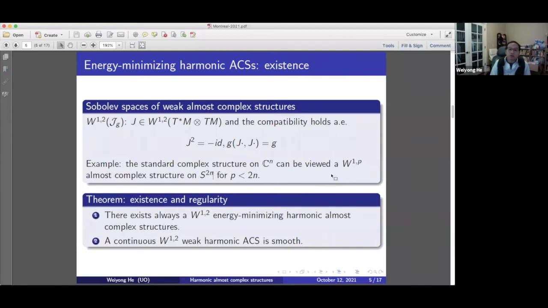For people who are familiar with the theory of harmonic maps, another reason is that smooth ones are not dense in this W^{1,2} setting. So that's a very hard problem. One question is that people might be studying the completion of smooth objects under this W^{1,2} norm.